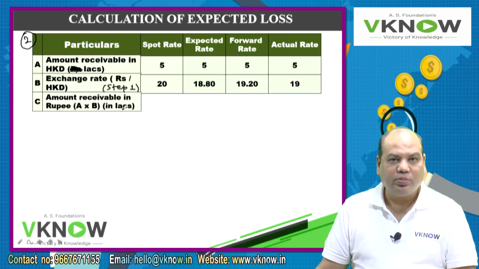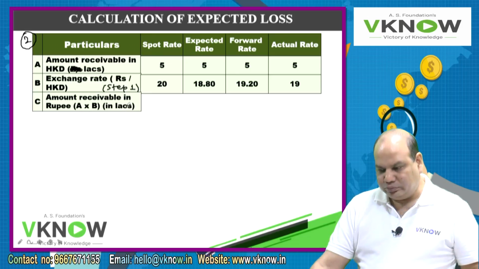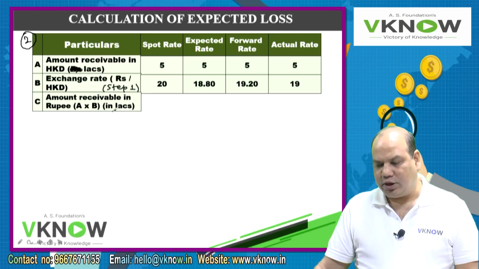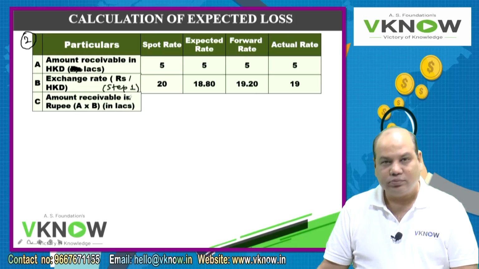Point C: amount receivable in rupees, A into B, in lakhs. Why A into B?